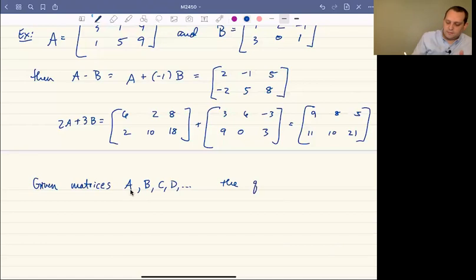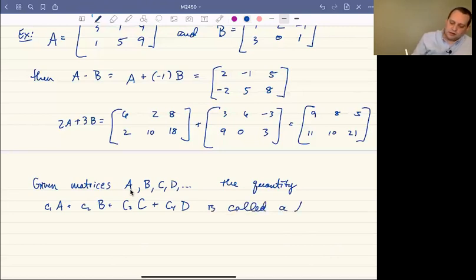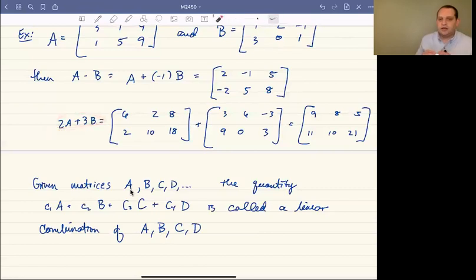The quantity, if I were to take, say, a constant, say C1 times A plus C2 times B plus C3 times C plus C4 times D and so on, that's called a linear combination of A, B, C, and D. So this quantity 2A plus 3B is called a linear combination of A and B. Okay, so whenever we say linear combination, we mean a combination like this.